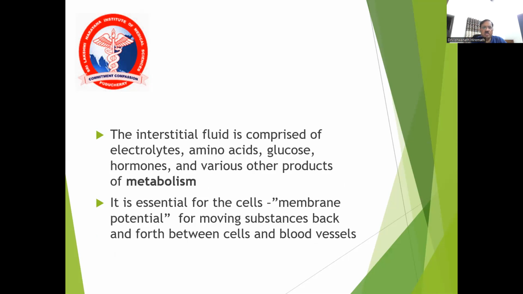Interstitial fluid is comprised of electrolytes, amino acids, glucose, hormones, and various other products of metabolism. The cell membrane potential is essential for moving substances back and forth between the cells and the blood vessels.